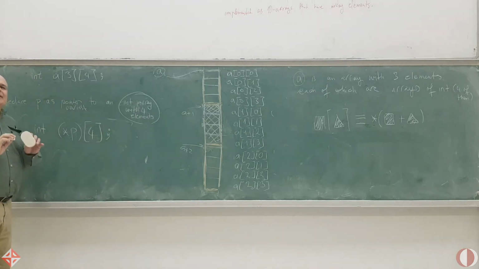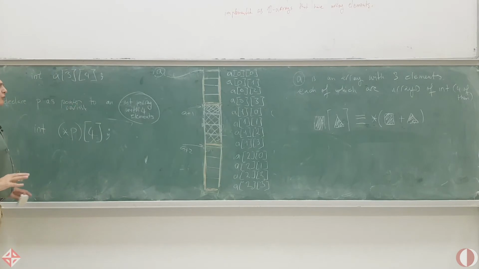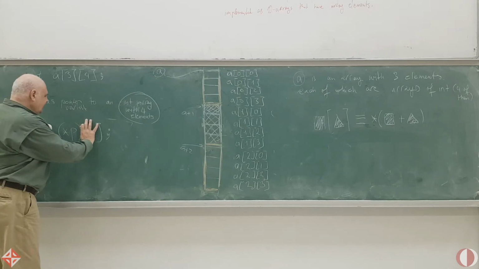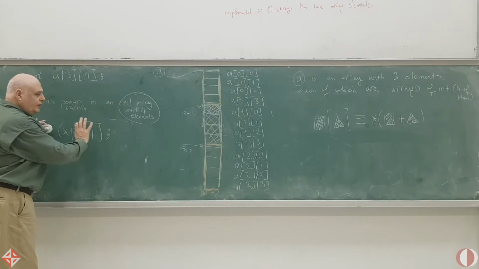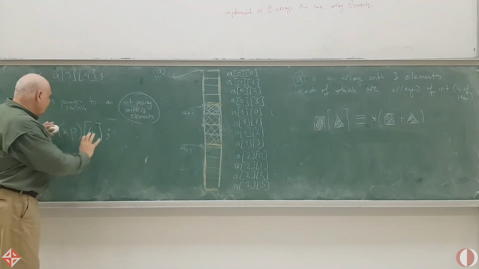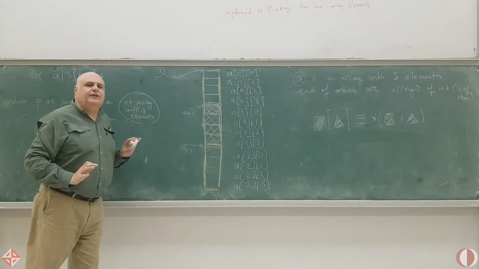I know this is something totally new to you. How to read it? First, read whatever there is in the parentheses. This says, I'm defining a pointer value.